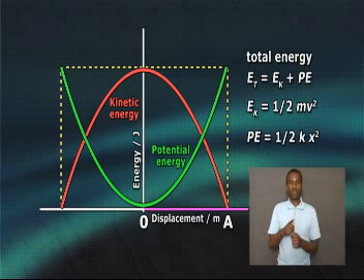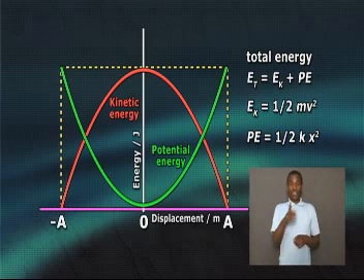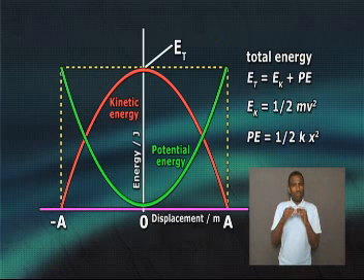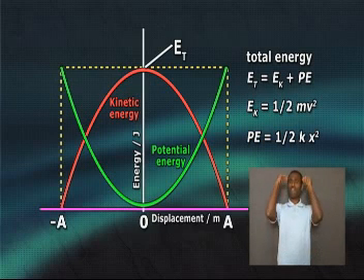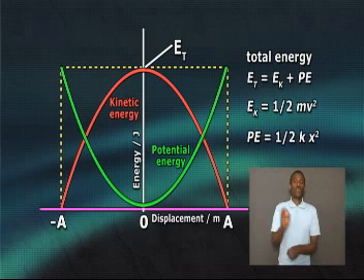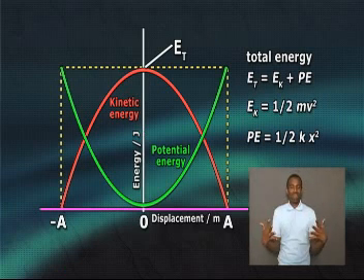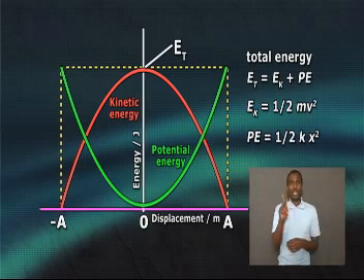The reverse happens at the equilibrium position. At equilibrium, the kinetic energy is at its maximum point, and the potential energy is 0. At any point between equilibrium and amplitude, there is a combination of kinetic and potential energy.